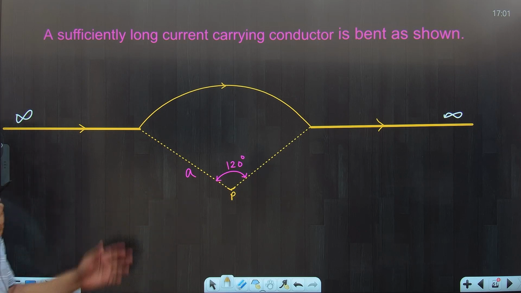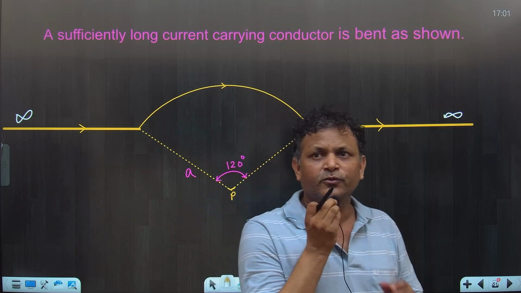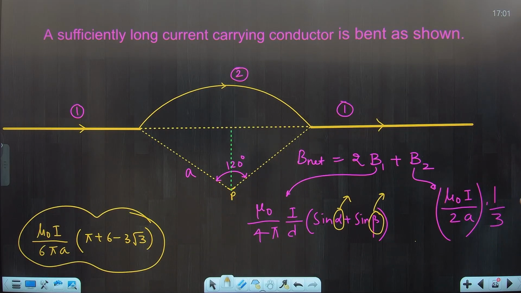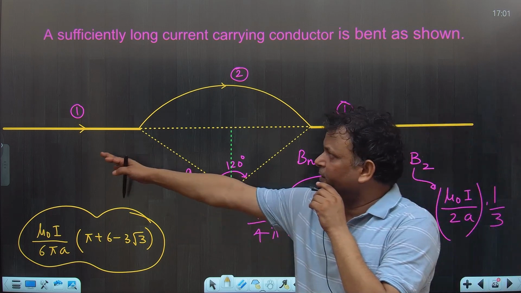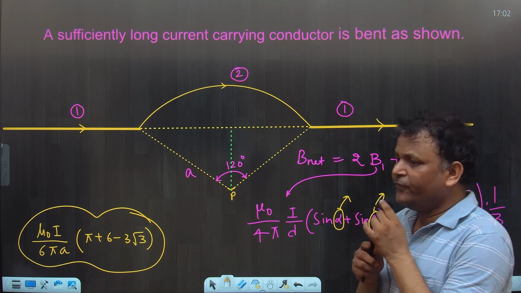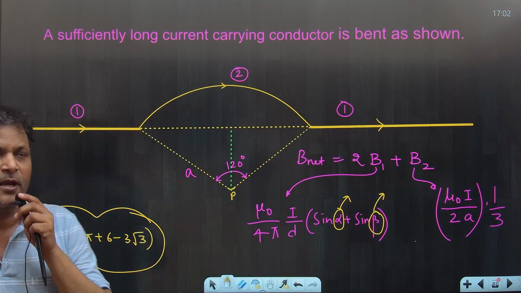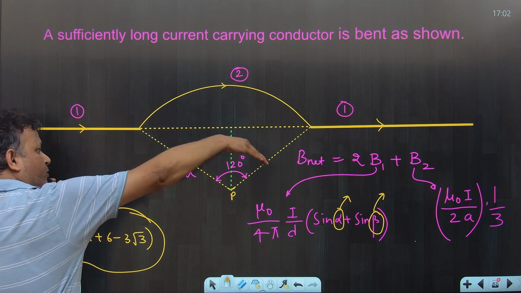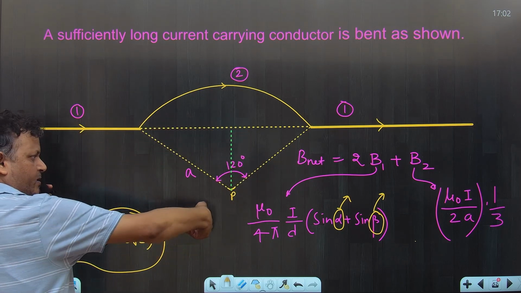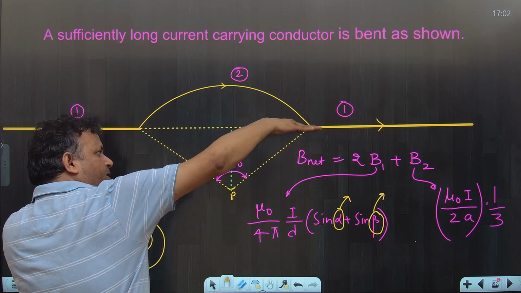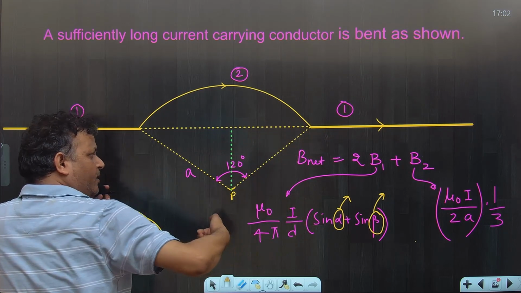So there are three parts of this conductor, so we should calculate them separately, right? So come, here is part 1, here is part 2 and here is part 3, right? You see, every magnetic field is adding up. You keep your right hand fingers along the sense of current, you curl it towards P, magnetic field goes inside. What about this? Keep your fingers along the sense of current, turn towards P, it goes inside.